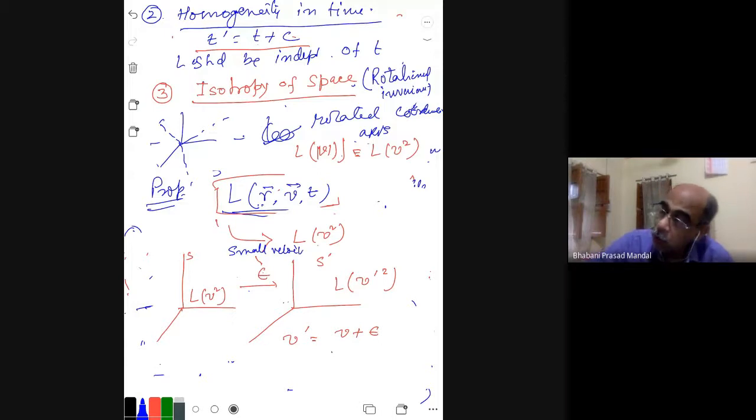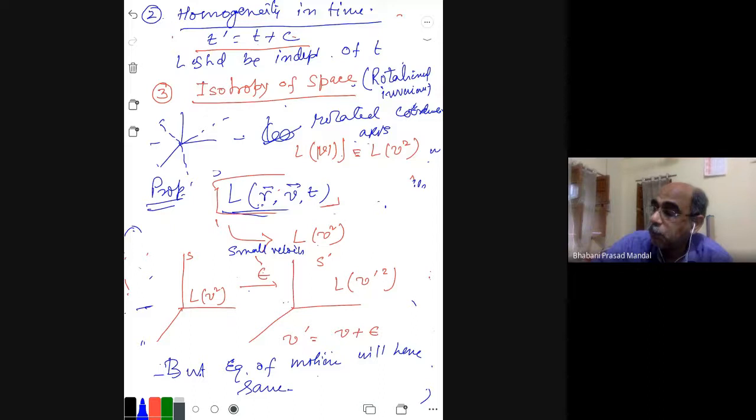Okay, so now the Lagrangian as observed, but they are inertial frames. Equation of motion should be the same. So the equation of motion will have the same form, covariance. I think you know covariance and invariance. So the equation of motion will have the same structure in both frames.